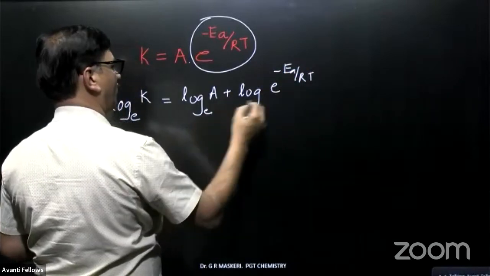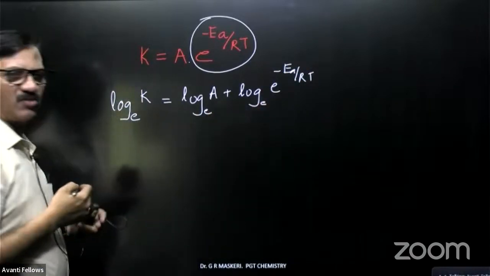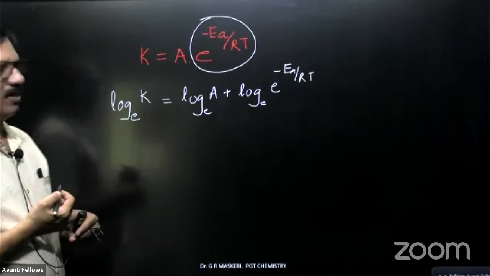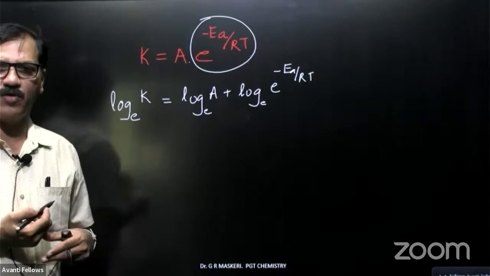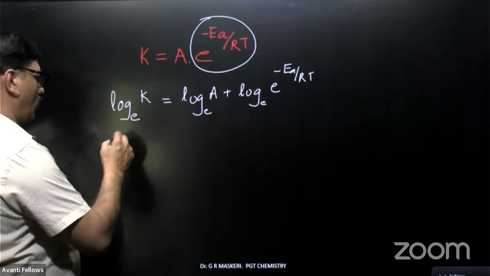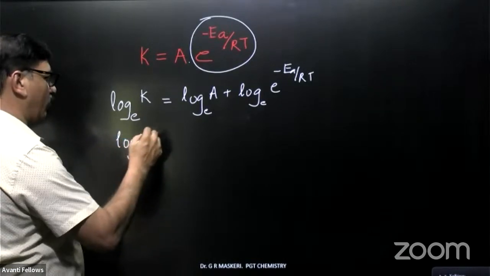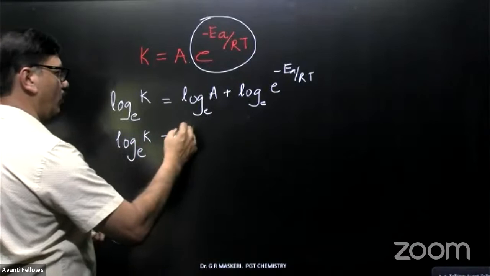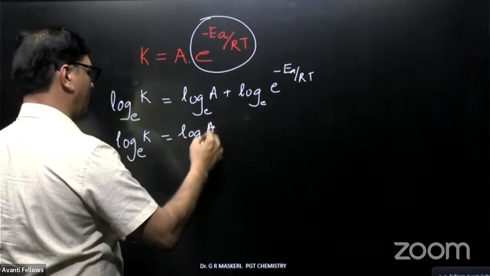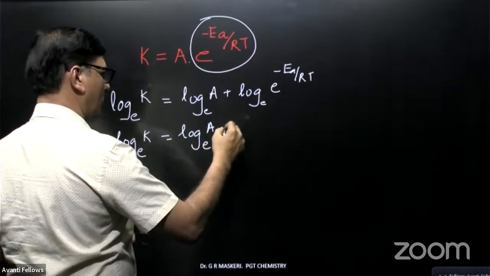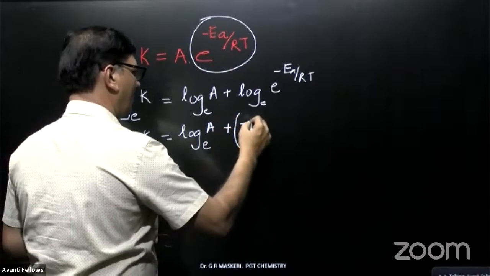All these are to the base e. Taking the logarithmic expression will be of more use. Now log of K to the base e is equal to log of A to the base e plus minus EA by RT.